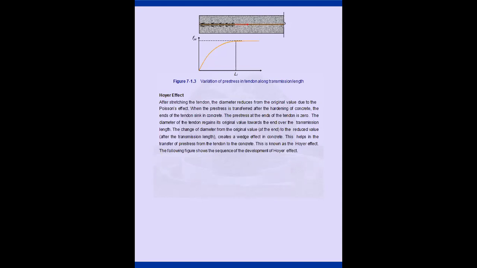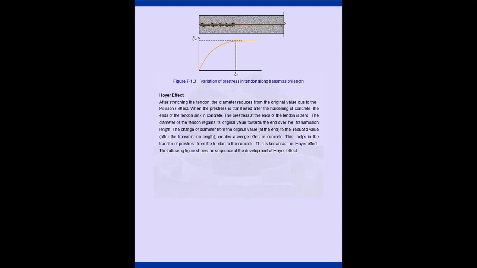You are going to cut the strands after the concrete attains its strength, after the concrete hardens. Then the ends of the tendon will sink into the concrete. I will show you how the rod will sink into the concrete.